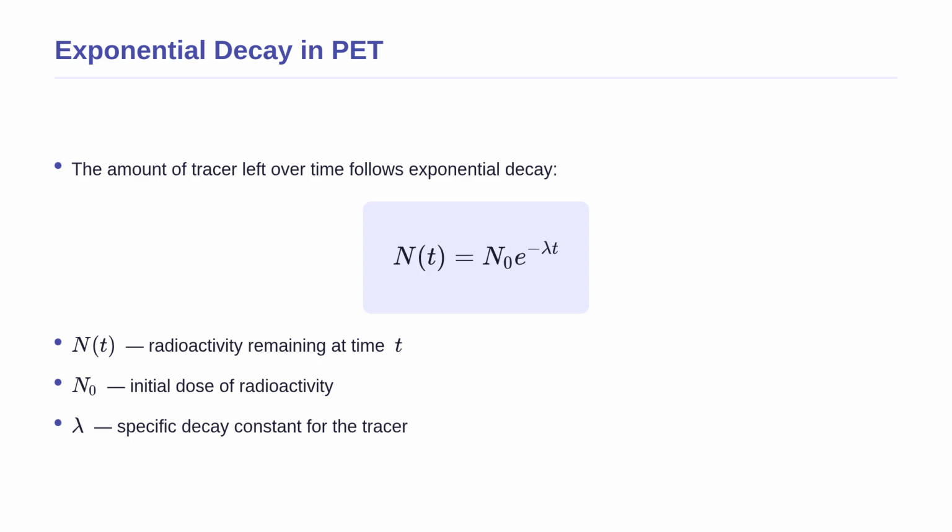The mathematical constant e represents the base of the natural logarithm, fundamental to continuous decay in nature. Lambda is the specific decay constant for the tracer, and T is the time elapsed. As time increases, the negative exponent grows, meaning the remaining active tracer decreases exponentially.